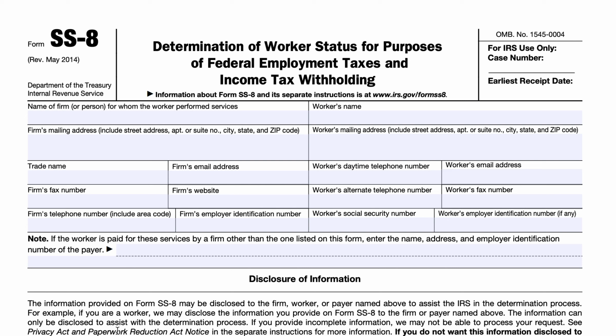However, self-employed individuals do because they are their own employer. So instead of paying the combination of 6.2 and 1.45%, which is 7.65% total, a self-employed individual actually pays 15.3% of that FICA tax.